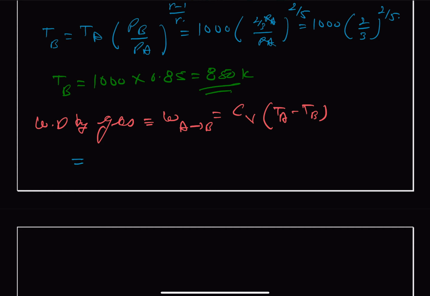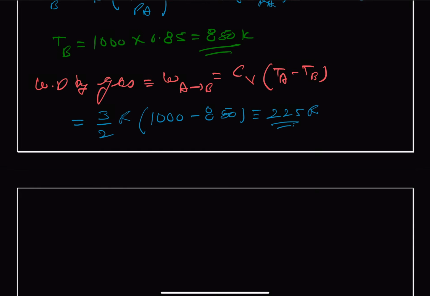This will be equal to 3/2 times R times (1000 minus 850). R we can just substitute later on. This will come as 225 times R, and if you substitute the value of R also, this will be approximately equal to 1870.2 joules. Now we come to B to C.